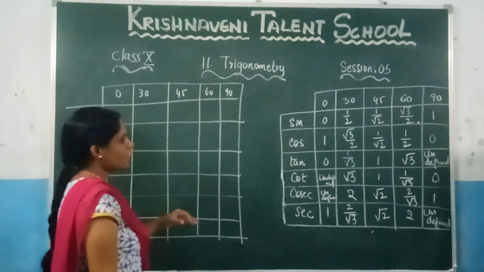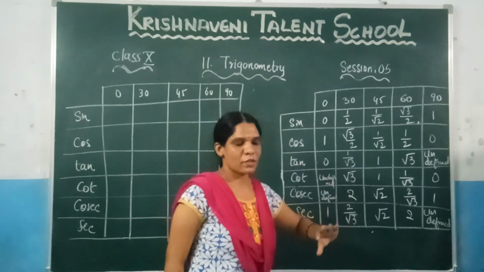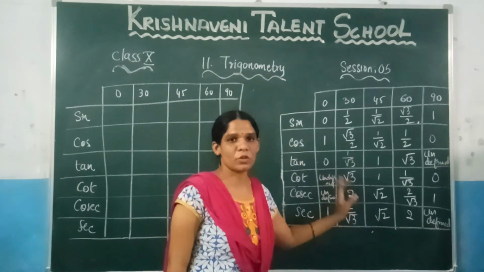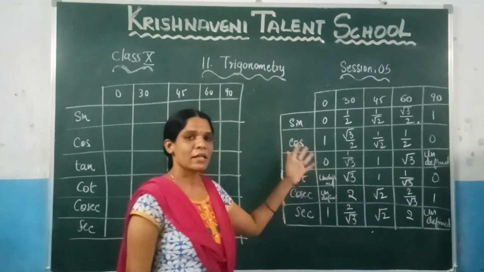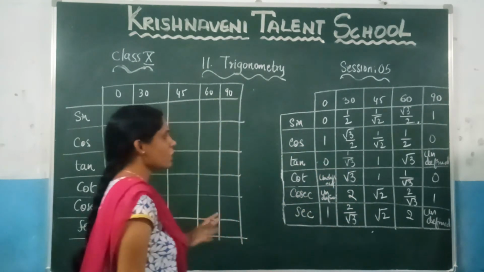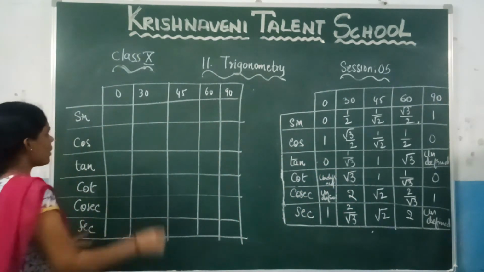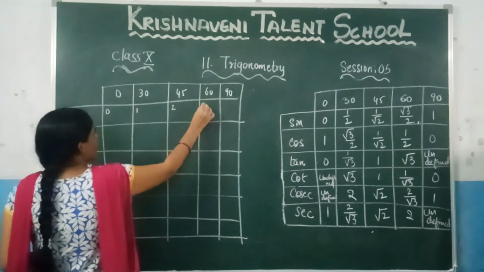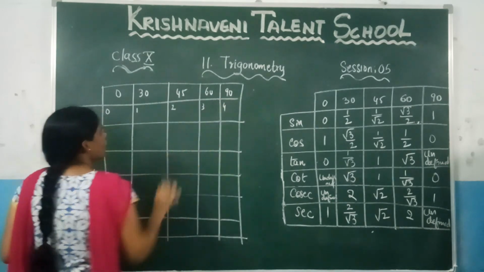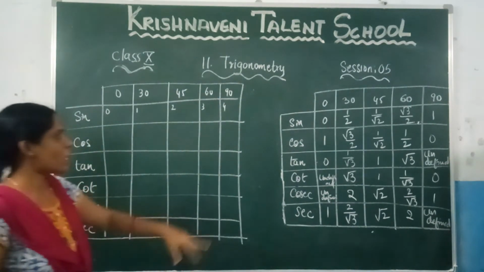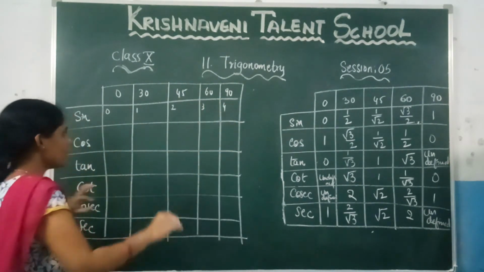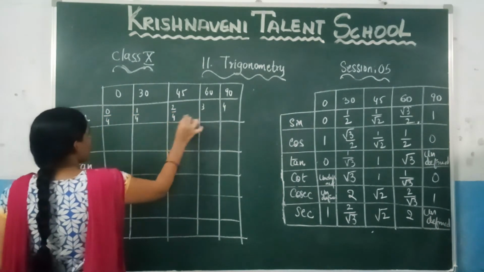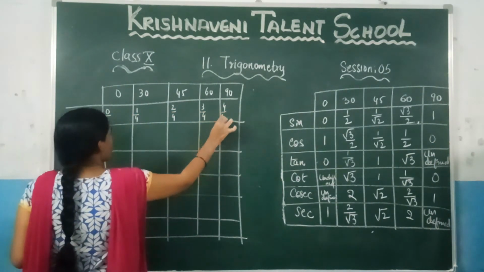Right? So don't mug up all these things. How will you get these values in short? Let us remember this. Let us write starting from 0: 0, 1, 2, 3, 4. Now divide all these values by 4: 0 by 4, 1 by 4, 2 by 4, 3 by 4, 4 by 4.